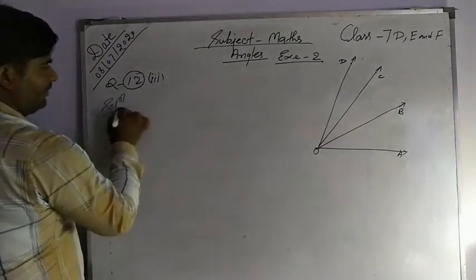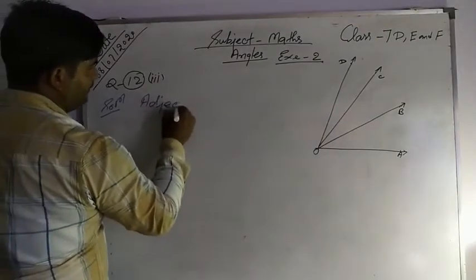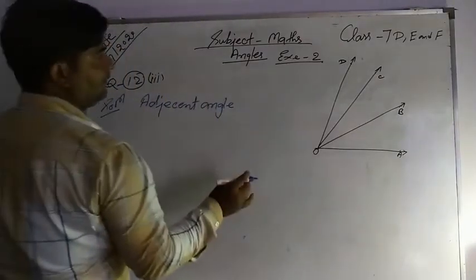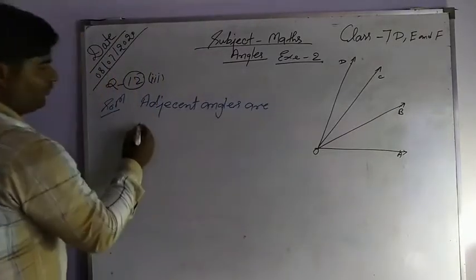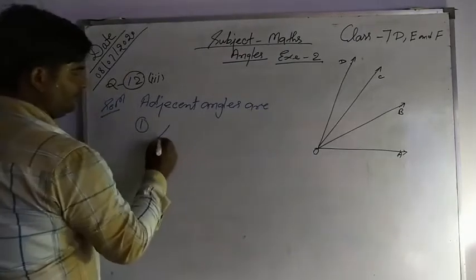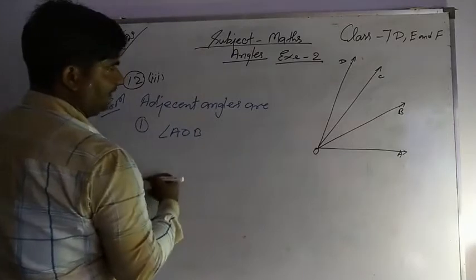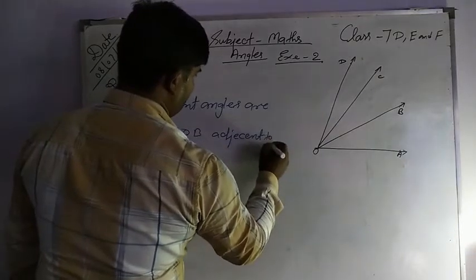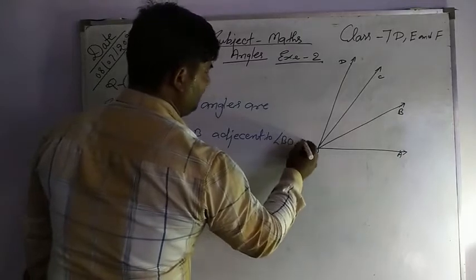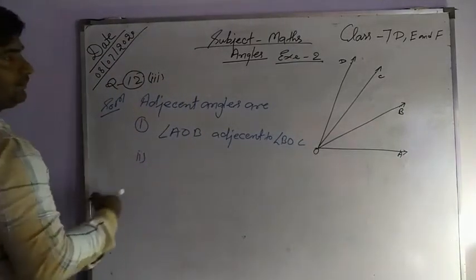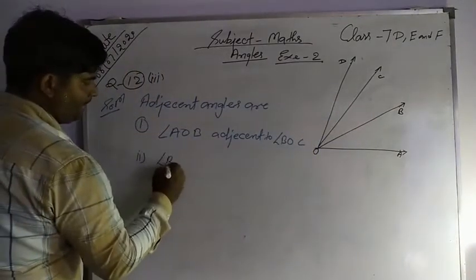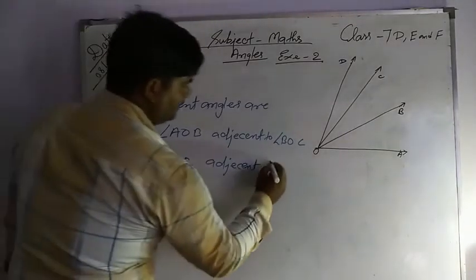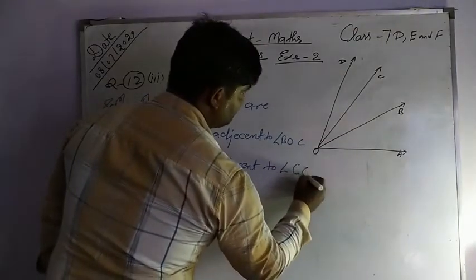Solution: adjacent angles are, the first pair is angle AOB adjacent to angle BOC, and the second pair is angle BOC adjacent to angle COD.